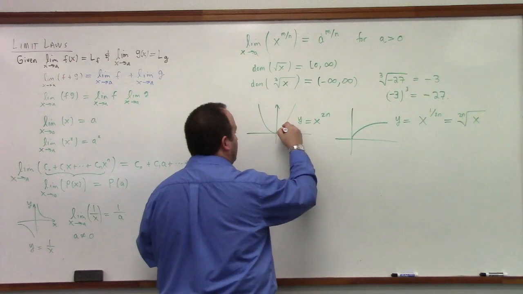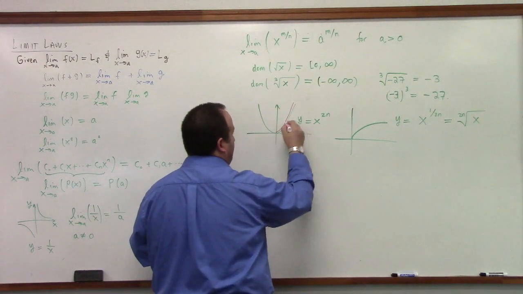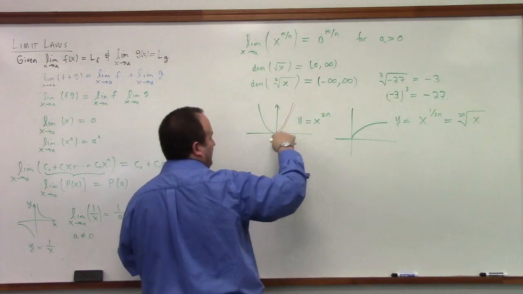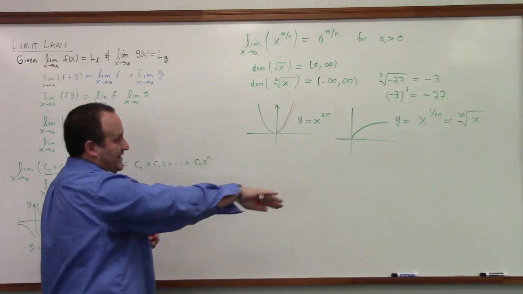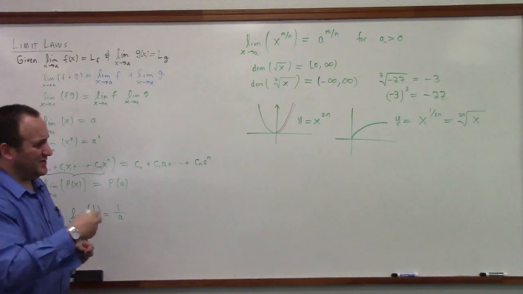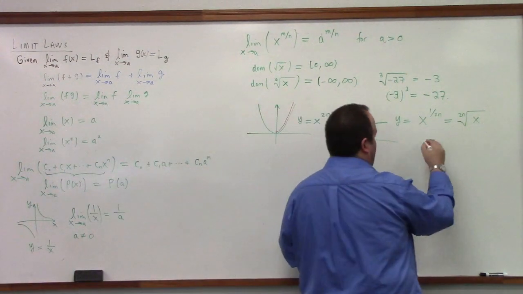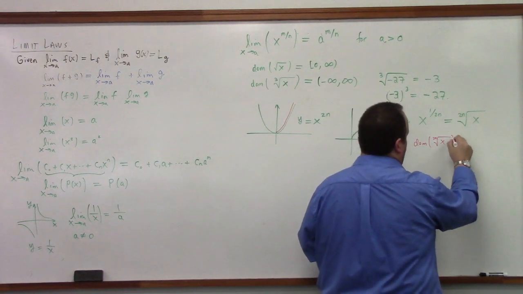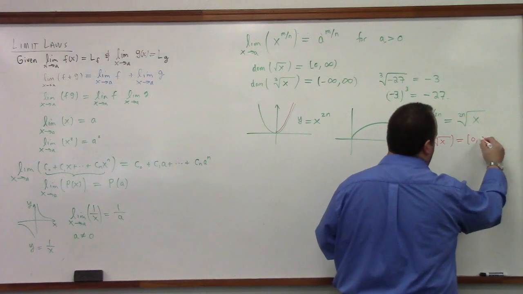It's the inverse function of just this piece. So technically speaking, this even root is the inverse of just the positive domain of the x to the 2n function. What I'm trying to say is the domain of these guys is also 0 to infinity.